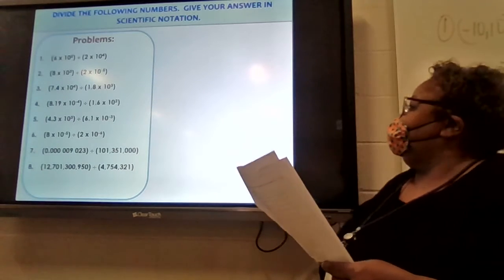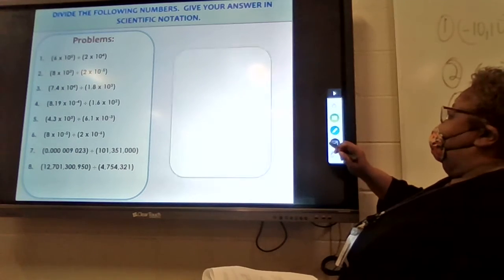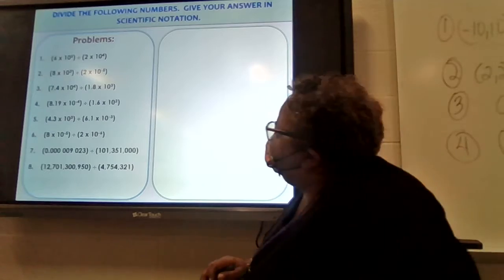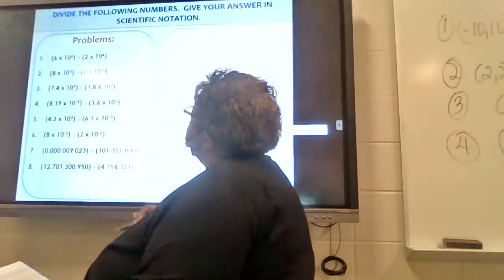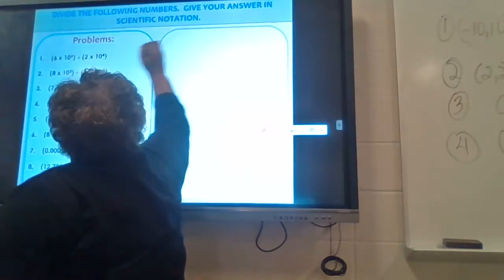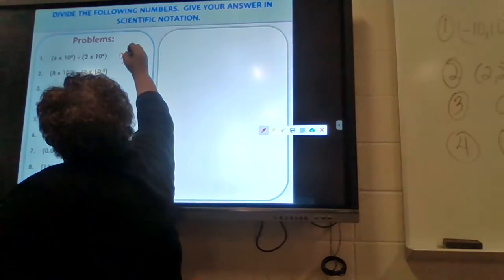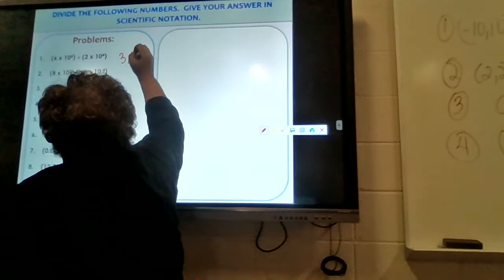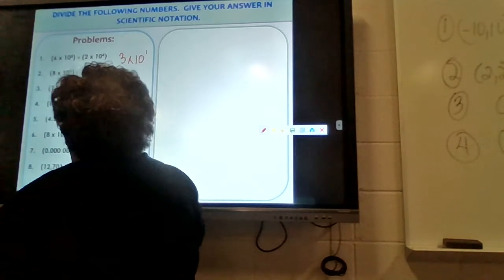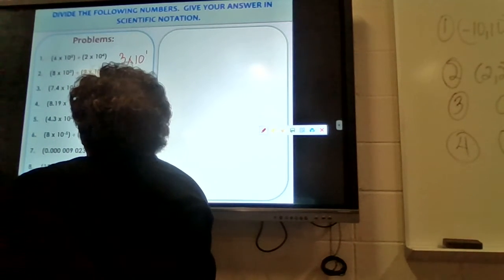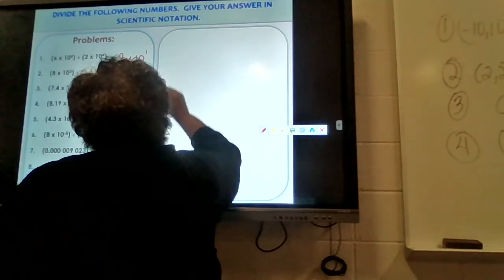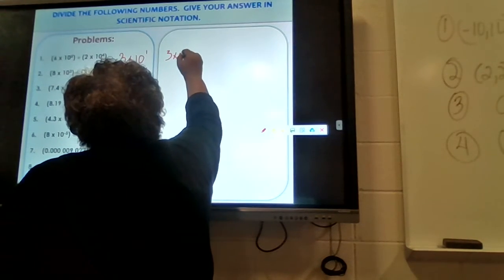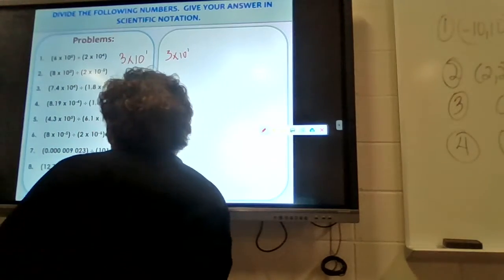We would do 6 divided by 2, which is 3. And then 5 minus 4, which is 1. So it'd be 3 times 10 to the first.